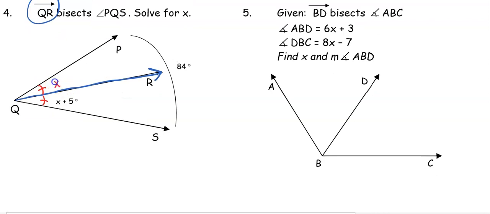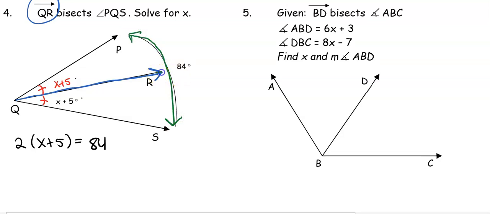If this is the same, that means that this is x plus 5 as well. So if we think back to the last problem we did, it takes 2 x plus 5s to equal the whole 84. Or maybe you're sitting there like, that's not how I did it. The whole big angle is 84.